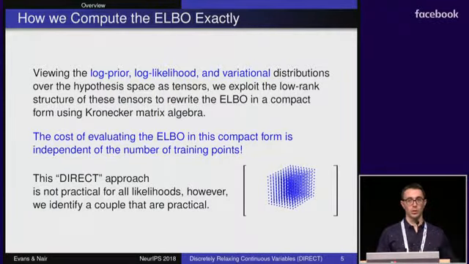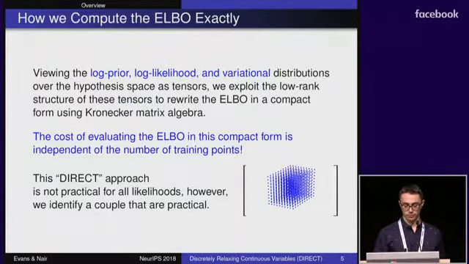And while it's not practical for all likelihoods, we identify a couple of models that are practical, for example, the class of generalized linear models. So obviously, since we've eliminated variance, our approach greatly outperforms REINFORCE, which empirically tends to have a very high variance and slow convergence. Additionally, we can compare a model with a continuous prior using the reparameterization trick to our direct model with discretely relaxed prior.